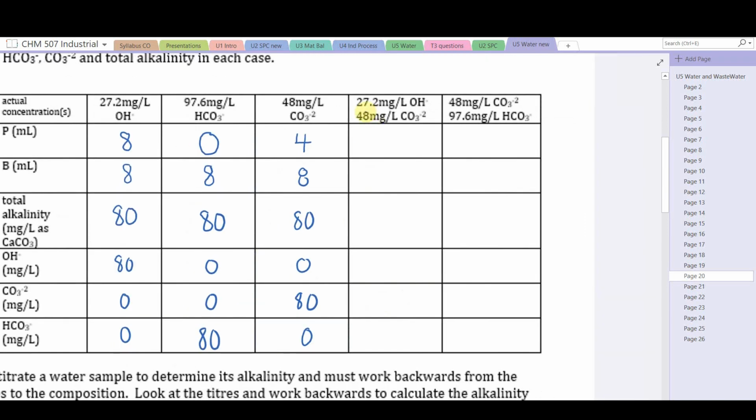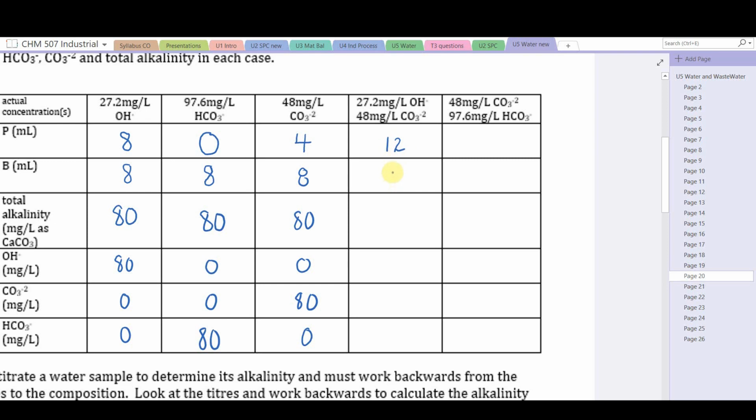What about if we had 27.2 milligrams of hydroxide ion and 48 milligrams of carbonate ion? Well, we know that 27.2 milligrams per liter hydroxide requires 8 mL of acid, and then the 48 milligrams per liter of carbonate required 4 mL to bring it to the phenolphthalein endpoint. 8 plus 4 is 12 mL.